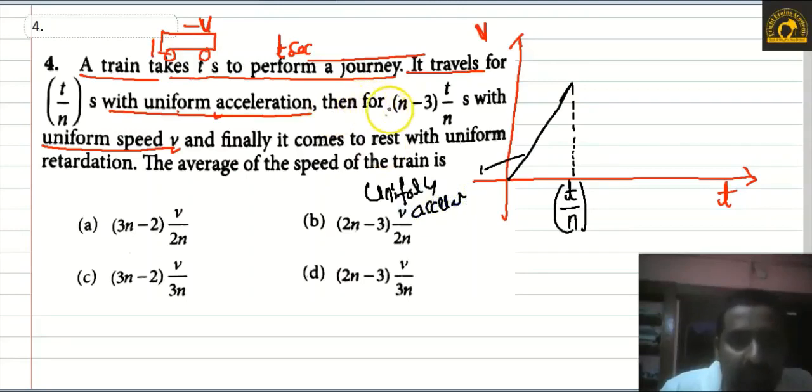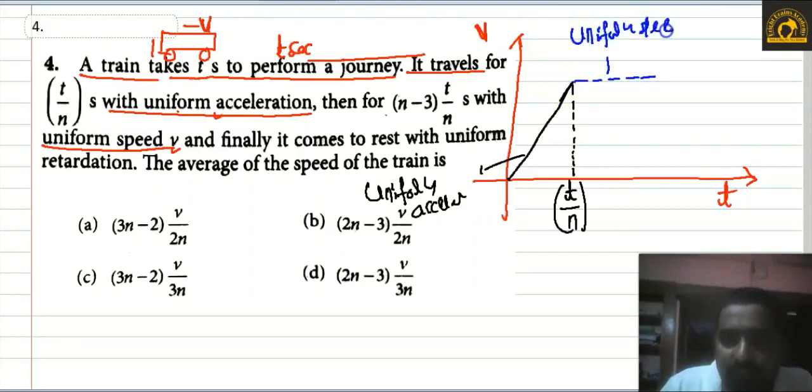Then n minus 3 t divided by n seconds with uniform speed v. Uniform speed means the speed remains constant, so you have to draw it that way.